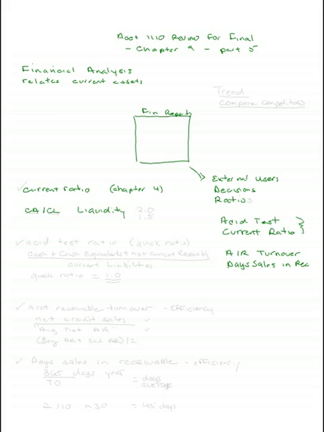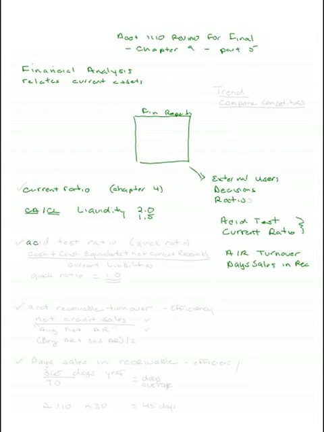We said we like to see this, I used to like to say 2 to 1, so you had 2 times as many assets as you had current liabilities, because you can't pay bills with some of them. But recent trends have seen 1.5 being the number. For every dollar you have in current liabilities, you have $1.50 in current assets. I guess as a society we've become more debt tolerant. And again, that's current assets divided by current liabilities.